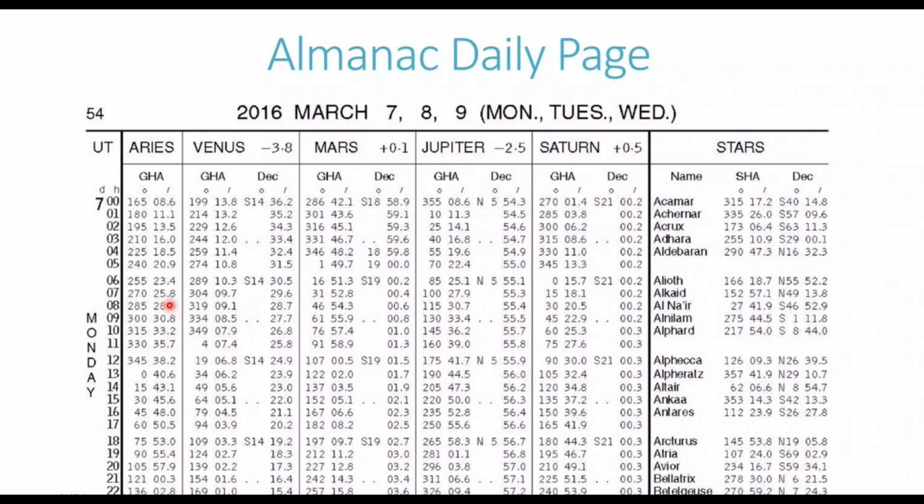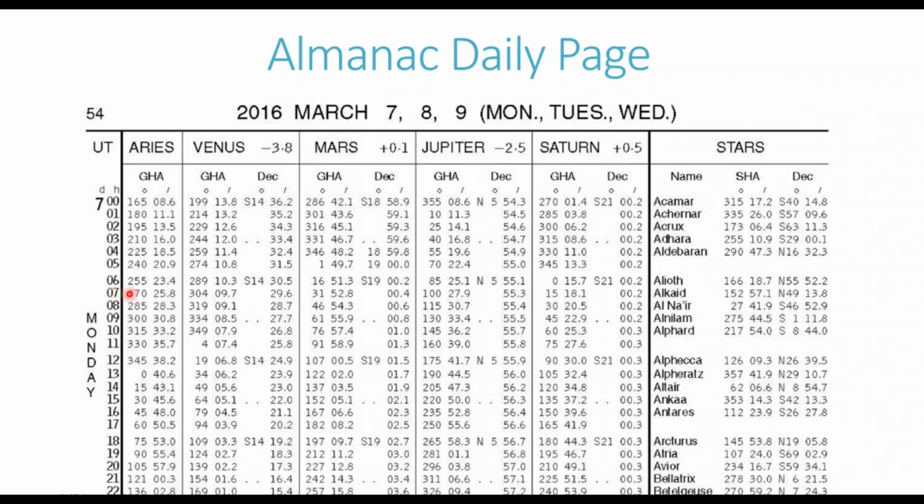Now, if you want to get the GHA for a particular minute also, for a day, hour and minutes, then to this hourly figure, you will have to apply the increment for those many minutes and seconds. So let us say you want to find out the GHA of Aries for 7th March, 06 hours, 30 minutes and 30 seconds.